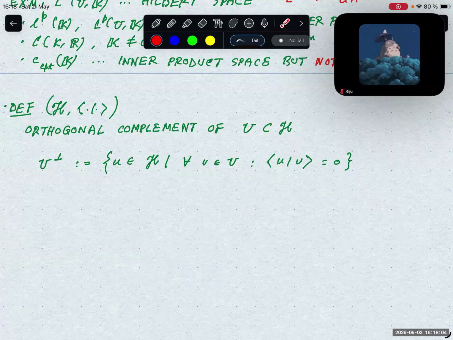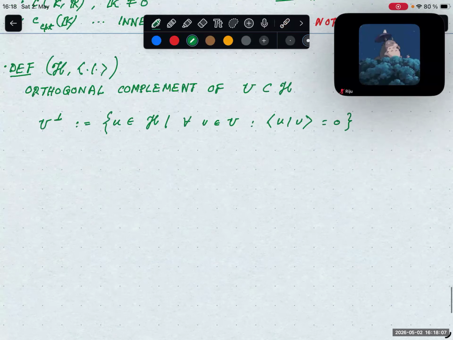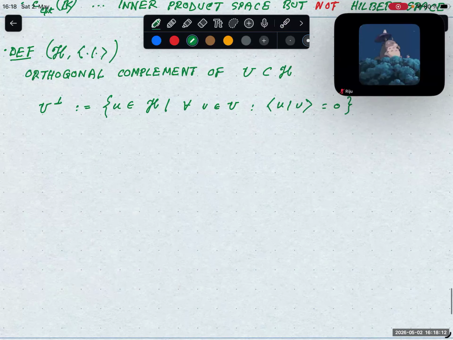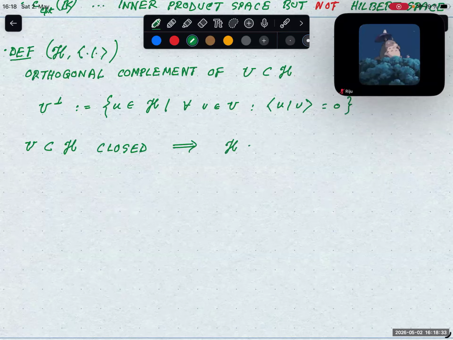All right. Some of the properties: if U is a closed subspace of H, then we can write the Hilbert space as a direct sum U plus U perpendicular.